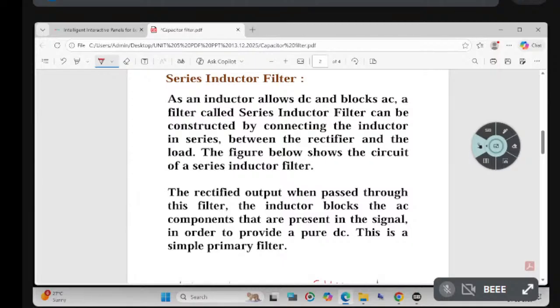So that we have completed. Now capacitor filter. Next topic is capacitor filter.